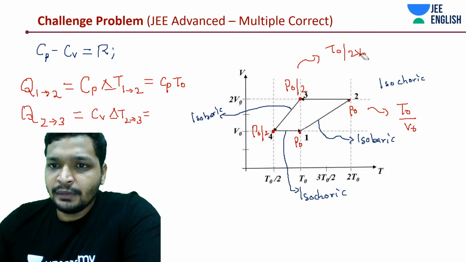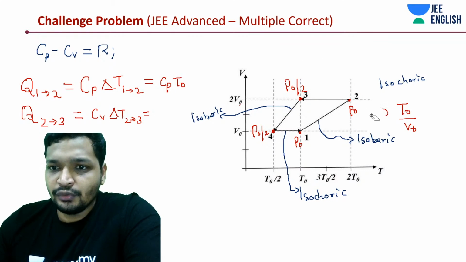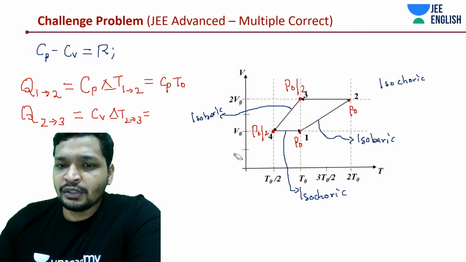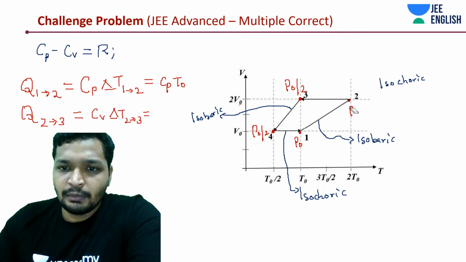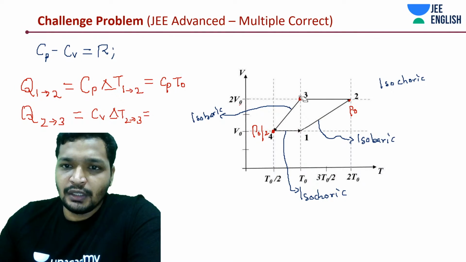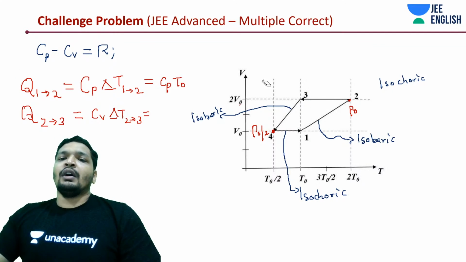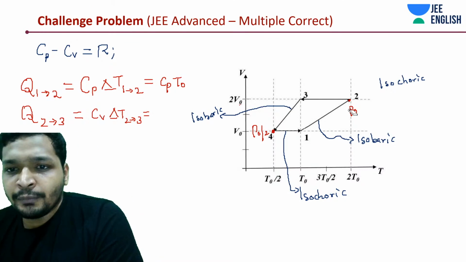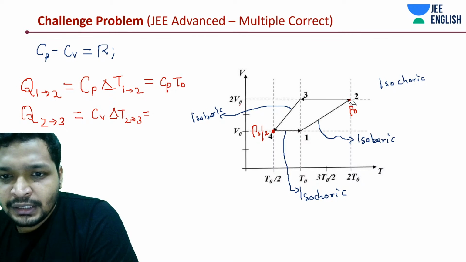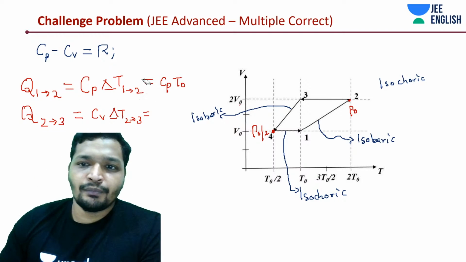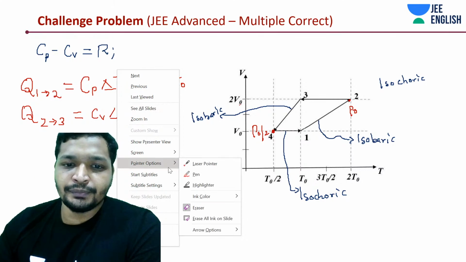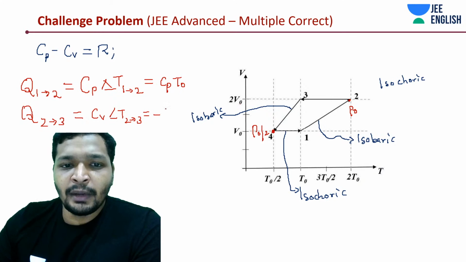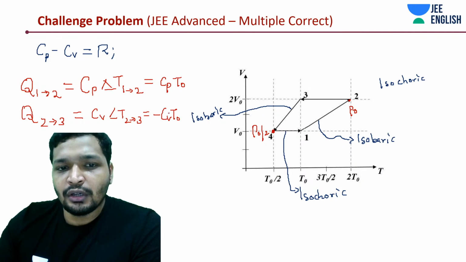If this is P0 by 2, this is also P0. Keep these coordinates alive. Now from 2 to 3, the temperature changes from 2 T0 to T0, so it's T0 minus 2 T0. It will be minus CV T0.